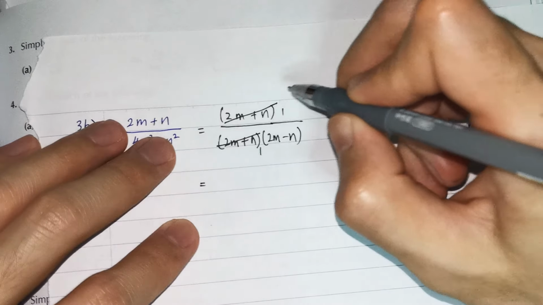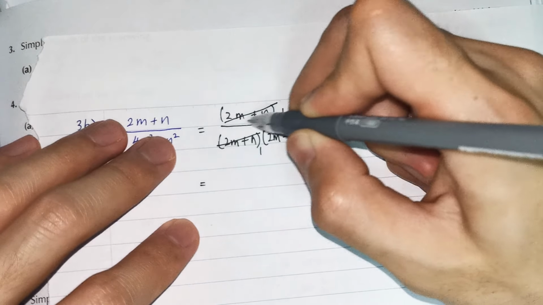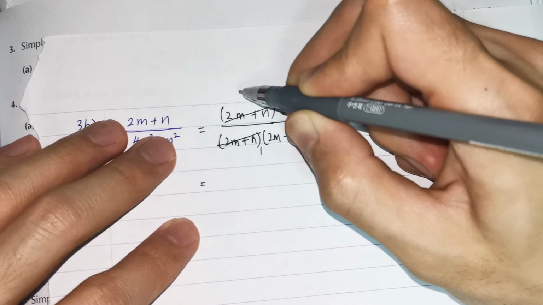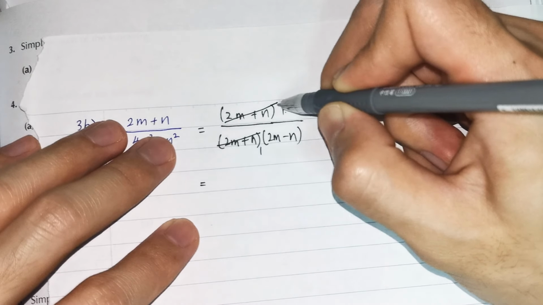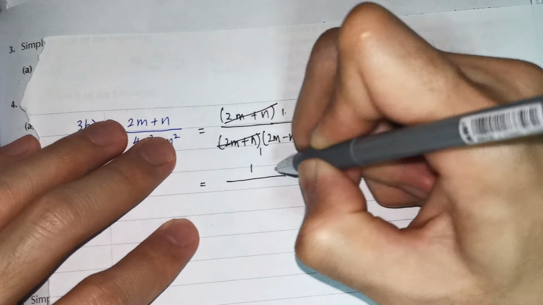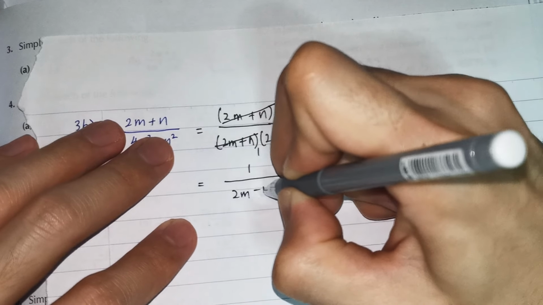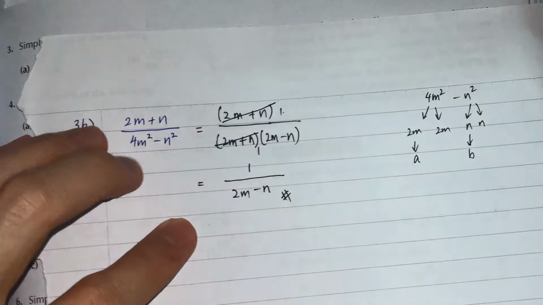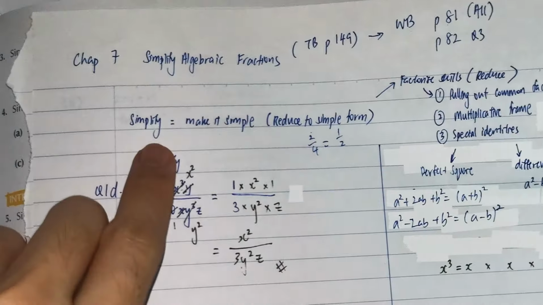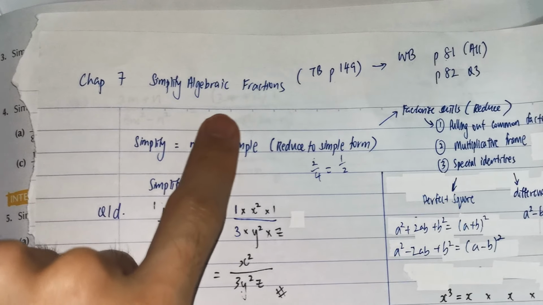Remember that once you divide by 2m plus n in the numerator, it's not 0. There's a 1 behind, because everything is always times the invisible 1. So 1 divided by 2m minus n. This one will be my answer. This is how you simplify algebraic fractions.